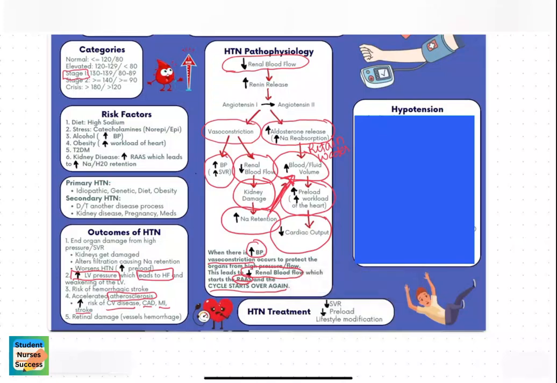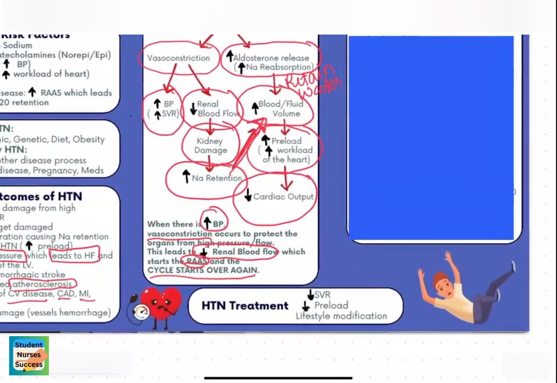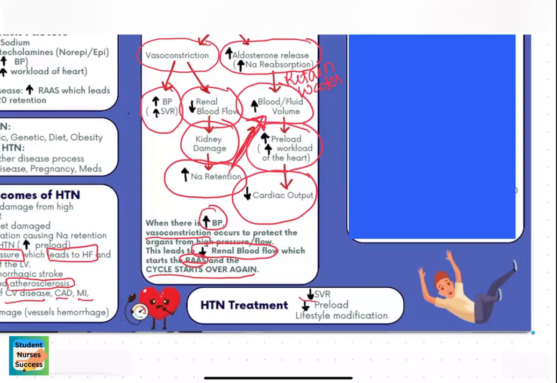As far as treatment for high blood pressure, it really is centered around decreasing systemic vascular resistance. Remember, systemic vascular resistance is blood pressure, so medications to reduce blood pressure, and also to decrease preload or fluid volume, maybe medications such as diuretics, and also lifestyle modification, maybe diet, reducing sodium intake, reducing weight, reducing stress.